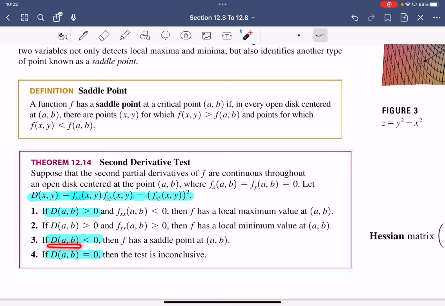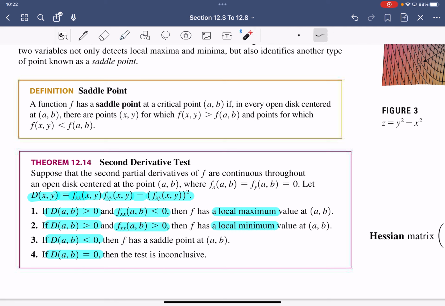But if your D here is less than 0, it's called a saddle point. We're gonna define later what it is. If D is greater than 0, you take a look at fxx. If fxx is less than 0, it's gonna be local max. If it is greater than 0, it's gonna be local min.